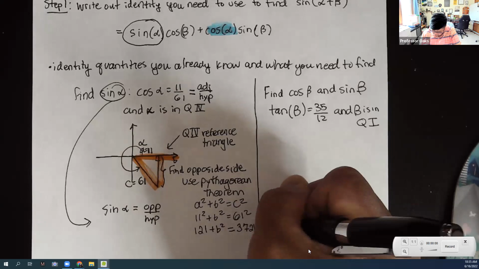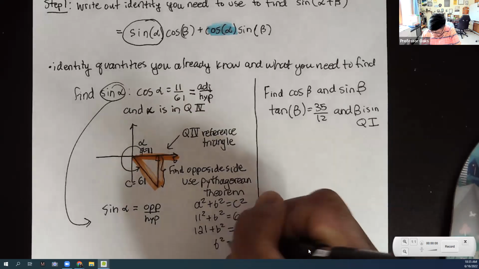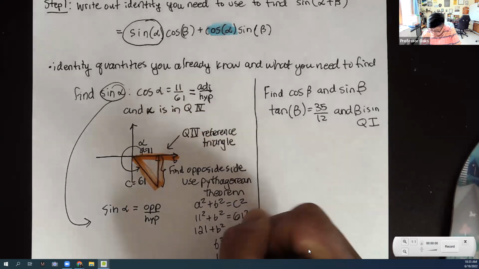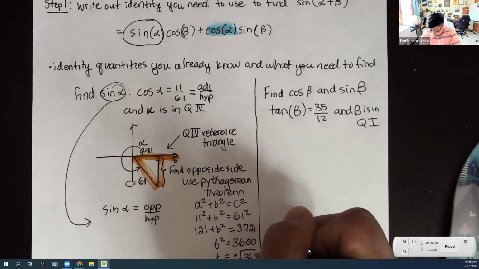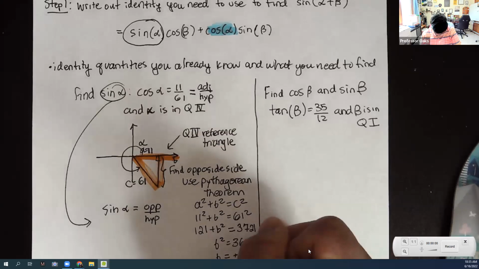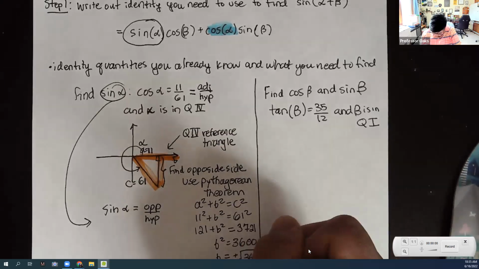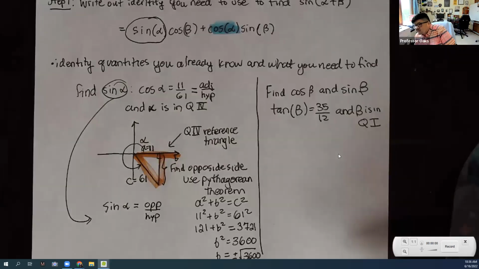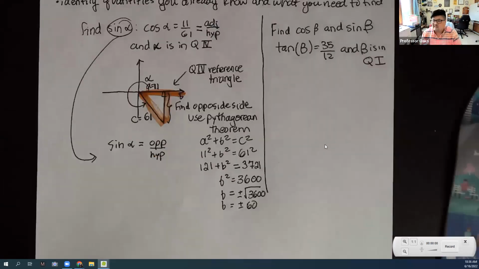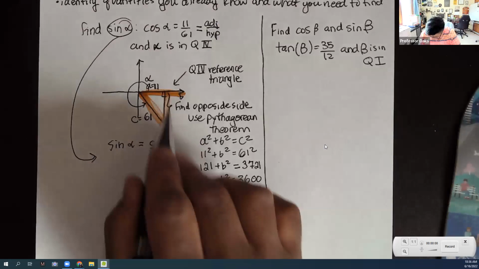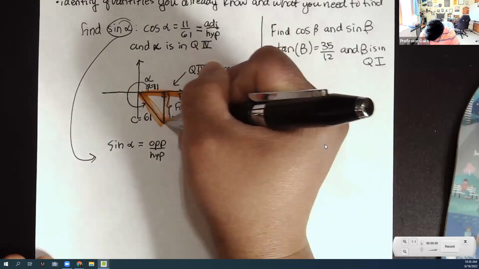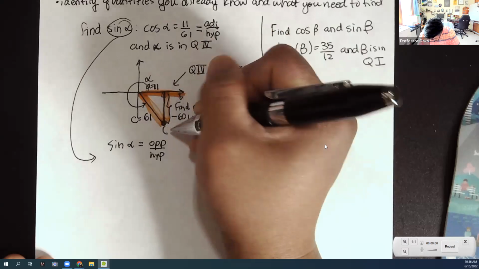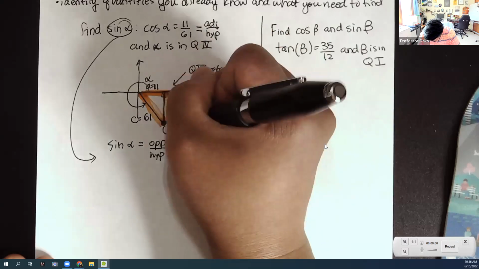So if you subtract, you get 3,600. And so B is plus or minus the square root of 3,600, so B is plus or minus 60. Because it's down in quadrant 4, this has to be negative because it's a negative y value. So this point is actually 11 and negative 60.